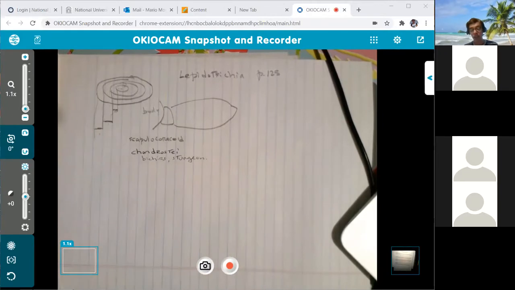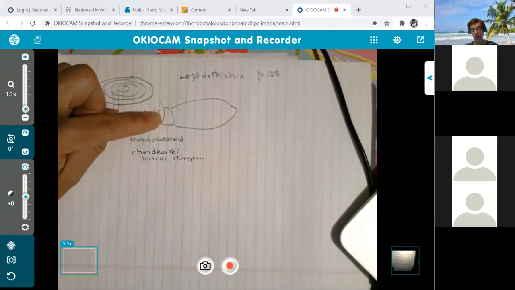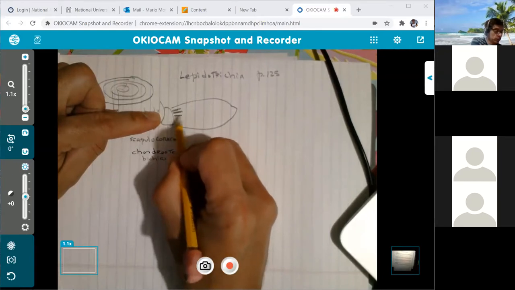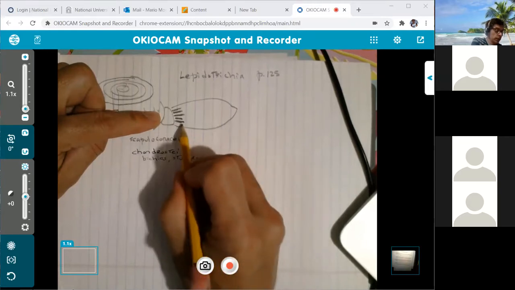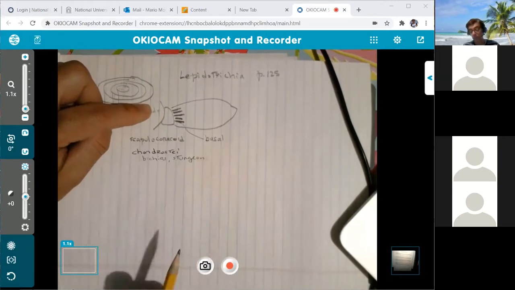And here these bones called basals are attached directly to the scapulocoracoid. So you're going to draw 5 basal bones here. These are basal bones.